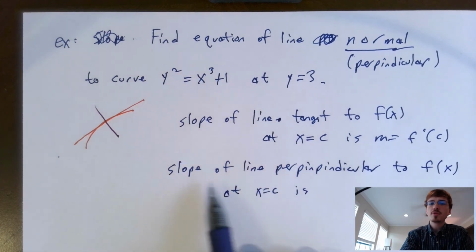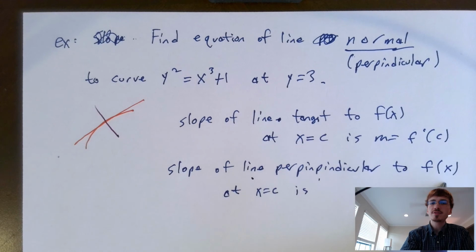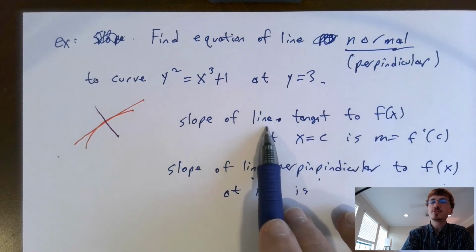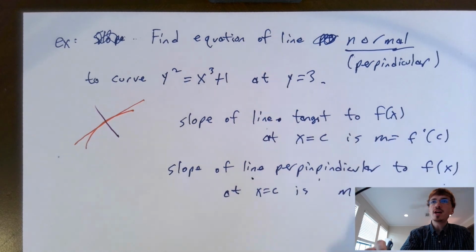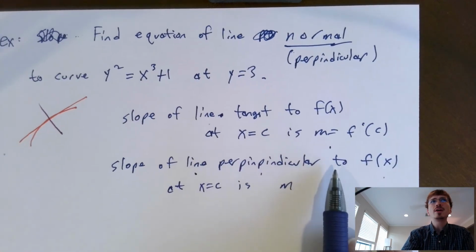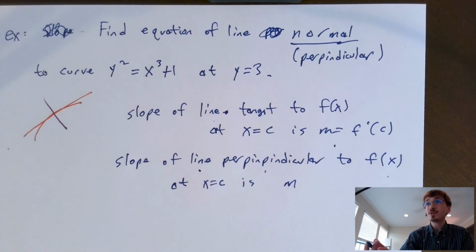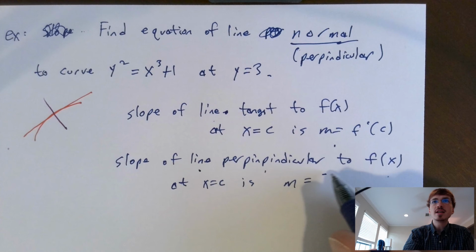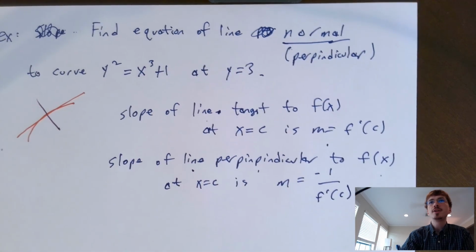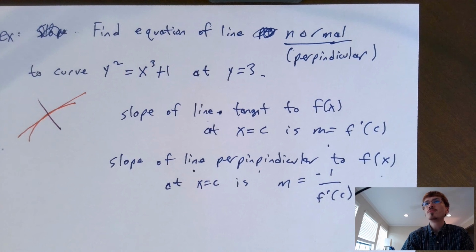Well, remember, the slope of the line perpendicular to f(x) is really going to be perpendicular to its tangent line. So what's the slope of a line perpendicular to another line? Remember from algebra we said that this was, I think we probably used the word negative reciprocal or something along those lines. And indeed, in this case, it's -1 divided by f'(c). Yeah? And this is the slope of a perpendicular line to a function at a point.